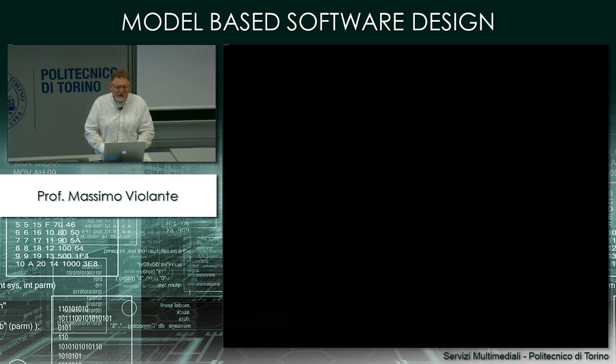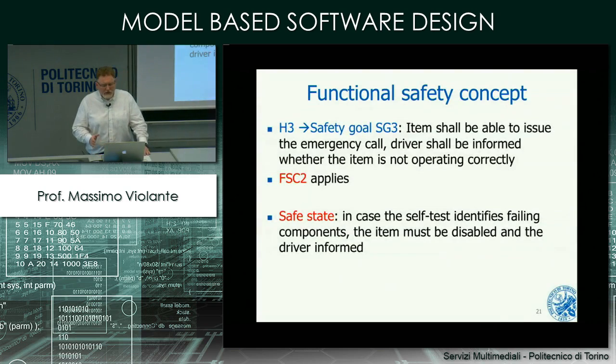So the safe state is where the item is offline. The item recognizes that it is not providing the intended service, so it stops working and tells the driver to go to the workshop to have the item serviced, typically replaced. Okay?